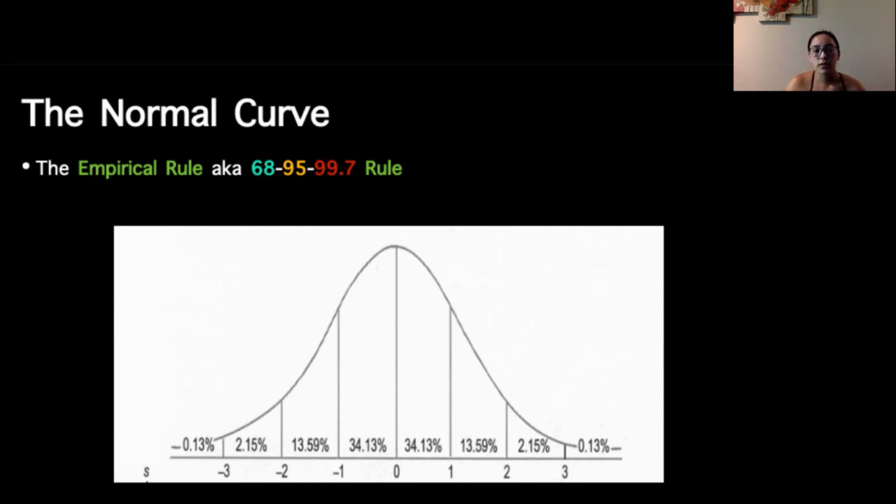When we're talking about the normal curve, we also have to acknowledge the empirical rule. We saw this curve in our previous portion of this lecture series, but the empirical rule is also called the 68, 95, 99.7 rule, which is a little bit tedious to say. But basically, if you look at this distribution, where 0 is the mean, and then we have +1, +2, +3, and -1, -2, -3 standard deviations from the mean.